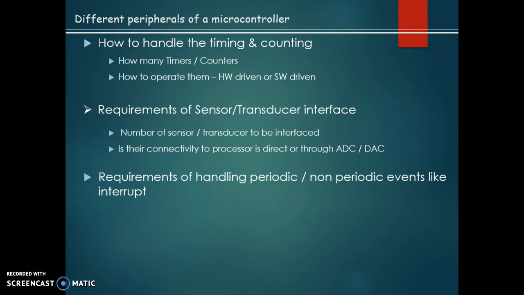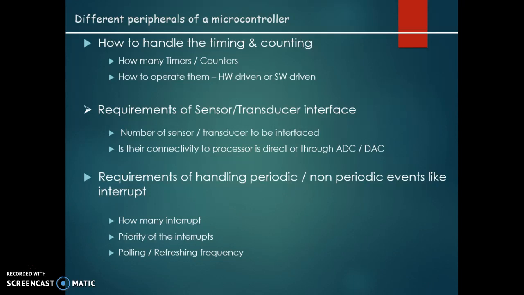You have to interrupt the microcontroller. So how many interrupts are you expecting to have in your system? And if you have more than one interrupt, then what will be the priority of those interrupts? And what will be the maximum frequency you will allow to interrupt your system? And except interrupt, there can be another thing which is known as polling.